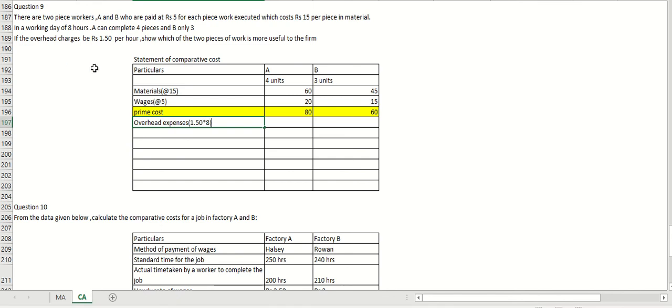So 1.50 into 8 is equal to 12 rupees for both the workers. Now if you add your overhead cost, you get our total cost. So our total cost is 80 plus 12, which is 92, and 60 plus 12, which is 72.